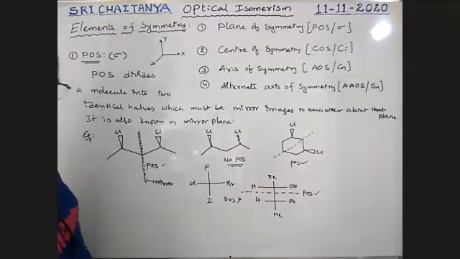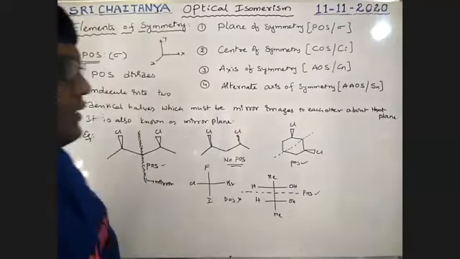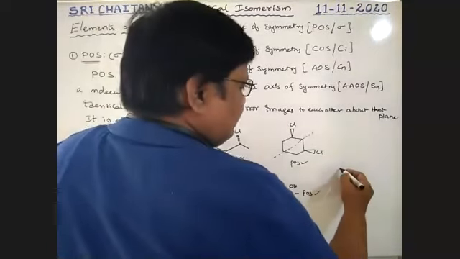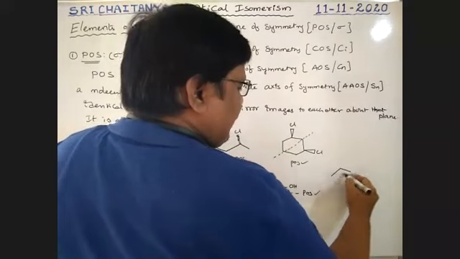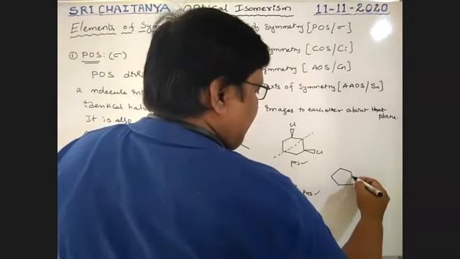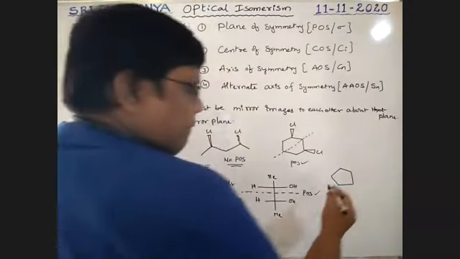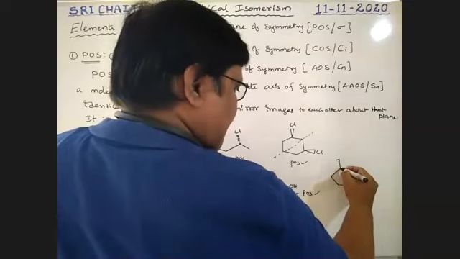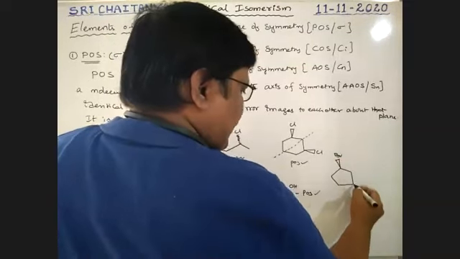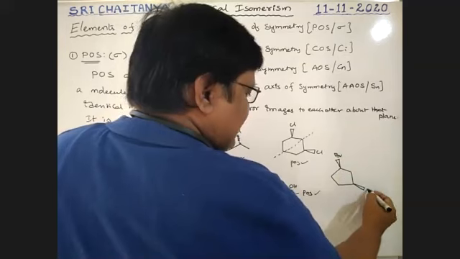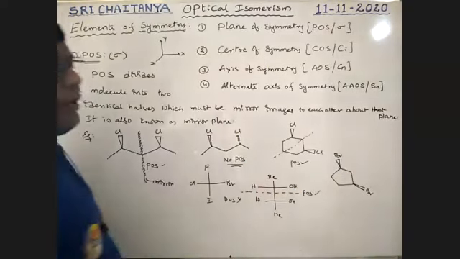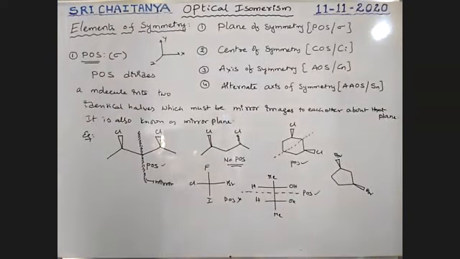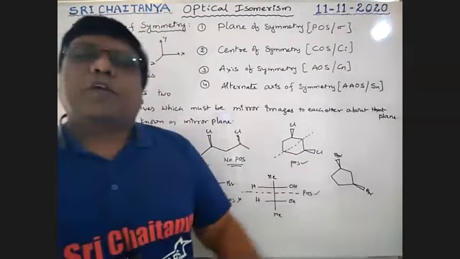Okay. So like this, boys. So let us take this one. Let us observe a 5-membered ring. Bromine. Both wedges, boys, bromine. Do you have any plane of symmetry for this molecule?